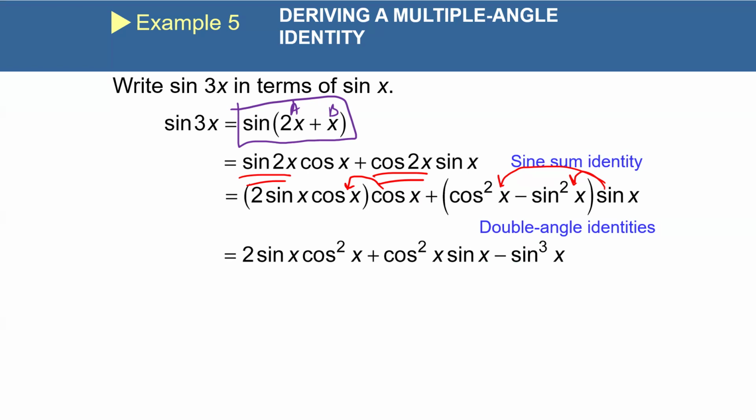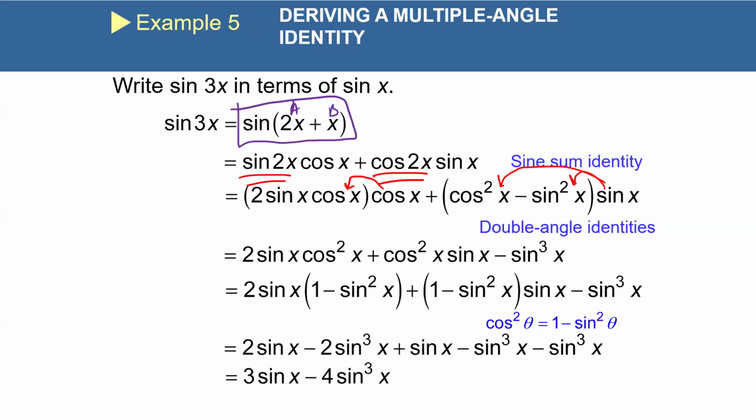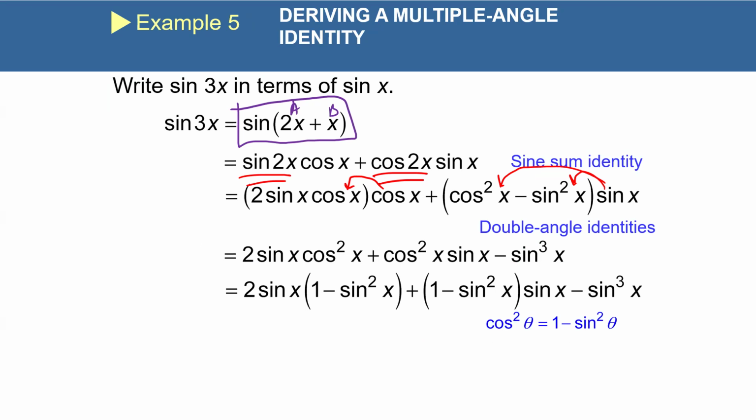Okay, so at this point, you're like, I still don't know how it's going to get down to that little bitty sine 3x. Any suggestions on how I can get this down to sine 3x? So now, it's not combining like terms, you're going to apply your Pythagorean identity.